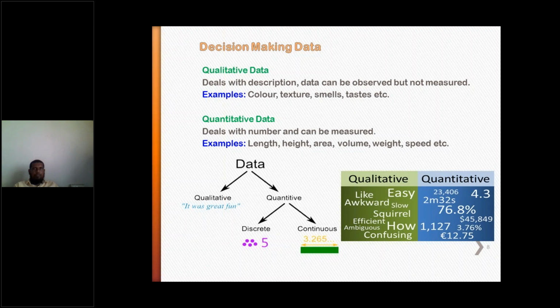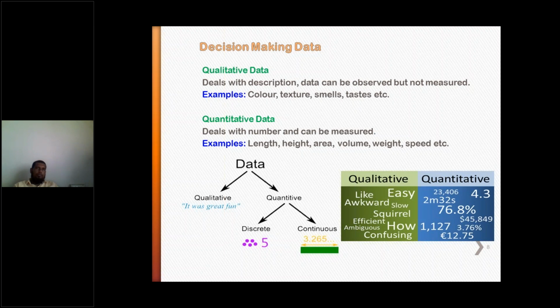You can see 5 is discrete and continuous is 3.265 and so on. The next figure represents examples of qualitative data. As qualitative data cannot be measured by a numeric score, we have to assess the suitability of data by some linguistic terms, for example easy, awkward, slow, efficient, ambiguous, confusing, like that.